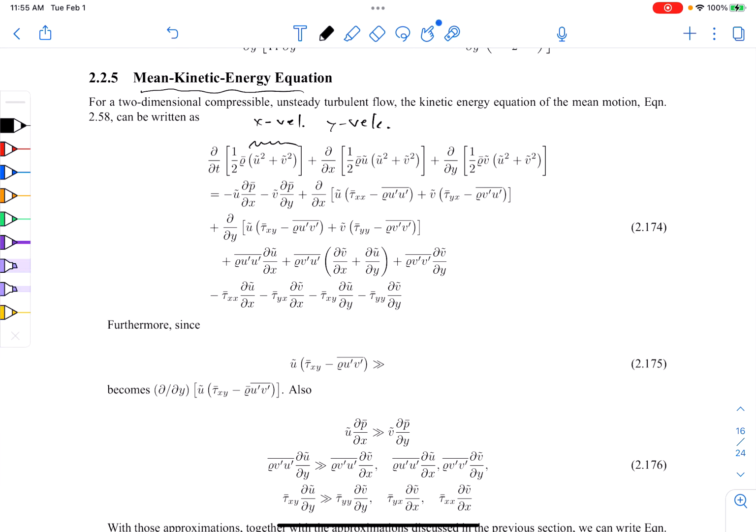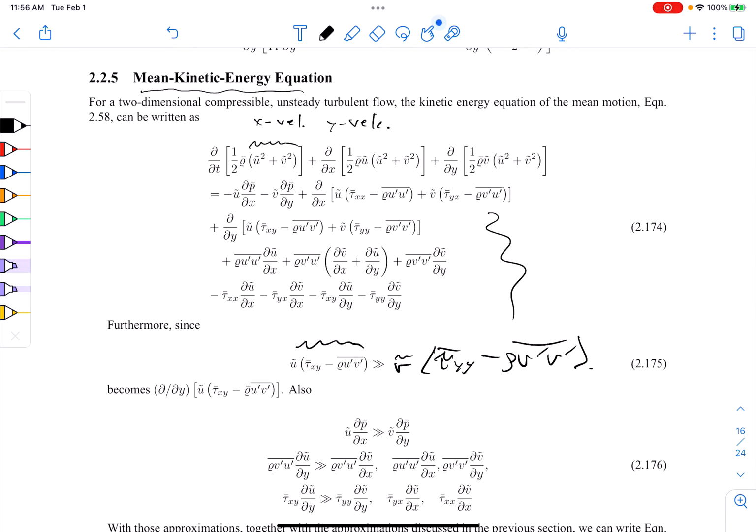And we talked a lot about these terms when we expanded them out. So it's the same thing. And I should say that if you look at this term, we can simplify this a bit more for boundary layer flows. And this goes phi tilde times tau y bar minus rho v prime bar.